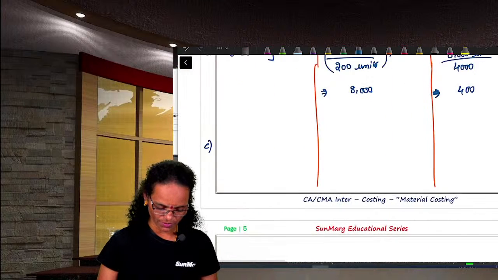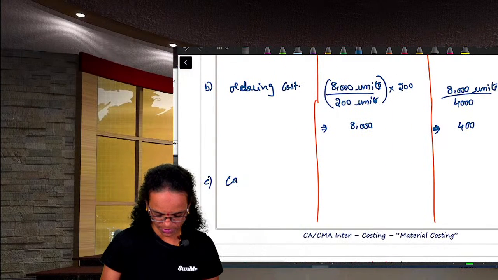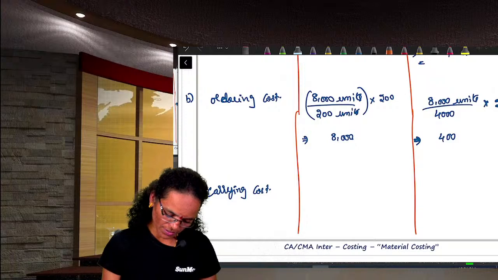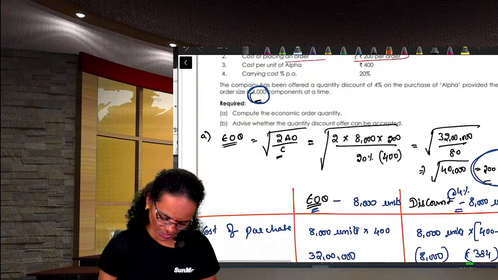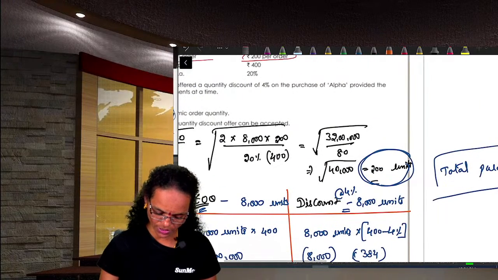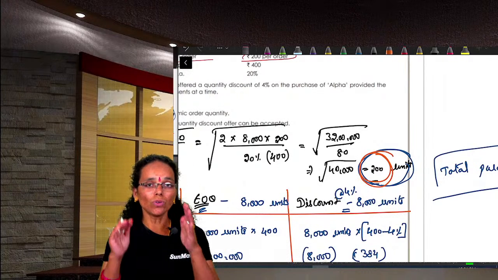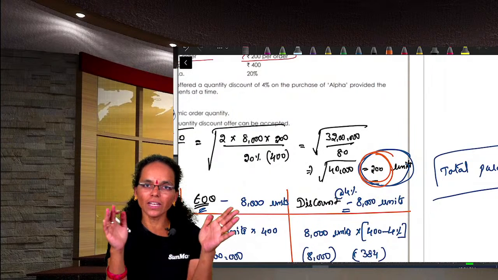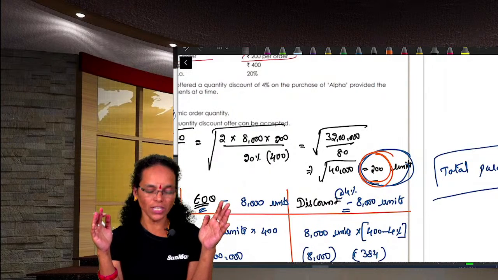We'll go to next one. Carrying cost. See, here in EOQ, we are placing a request for 200 units. Am I right? Means 200 units only we are carrying in our godown, not 8,000 units in a single go.